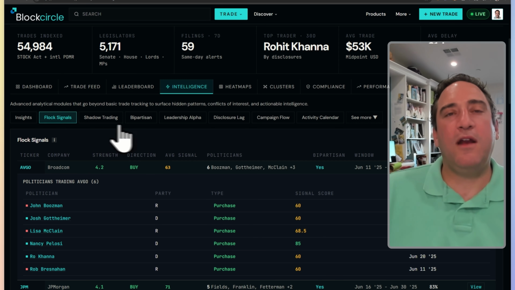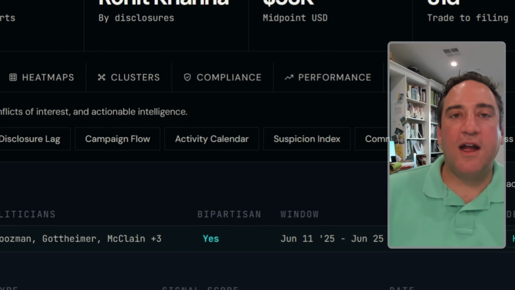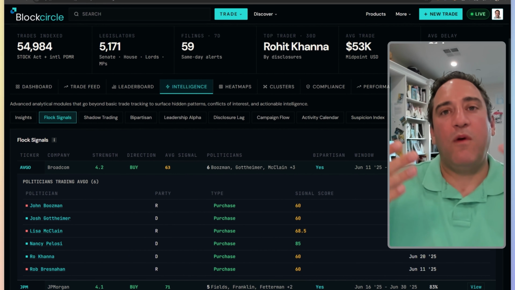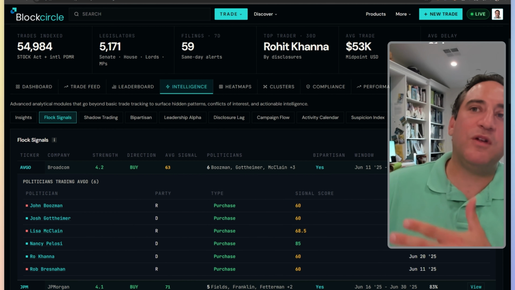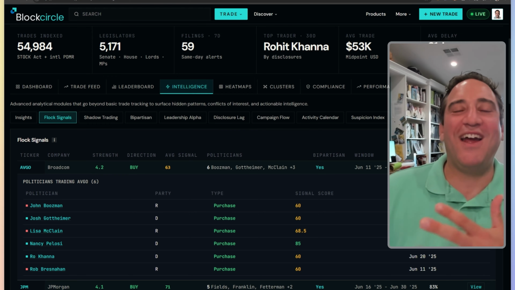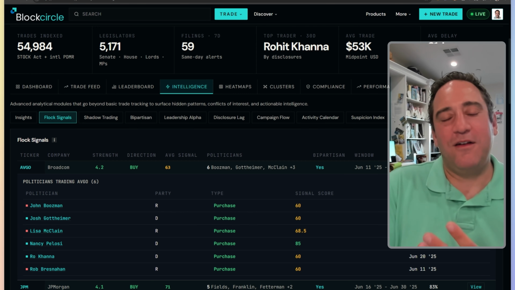And then there's shadow trading, bipartisan tracking, and committee sector analysis, to see whether a Republican or a Democrat or a congressperson is part of an established committee and is positioning themselves advantageously to buy or sell a particular stock tied to their party or their committee.